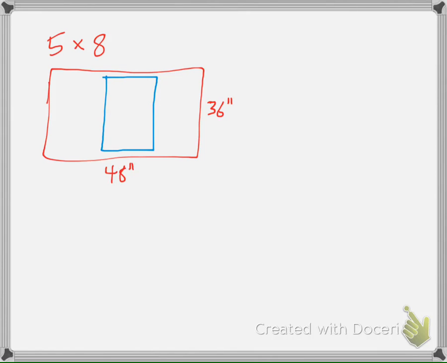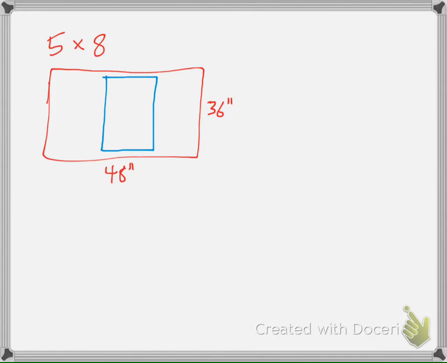You want to make sure that when you blow it up that it's going to fit, right? If you're going to print it off and glue it onto your poster board, you don't want to end up printing it too big to where it's hanging off the edges, right? But you also don't want it to be too small. You want it to fill up the poster board, right? So you need to know how big it needs to be.